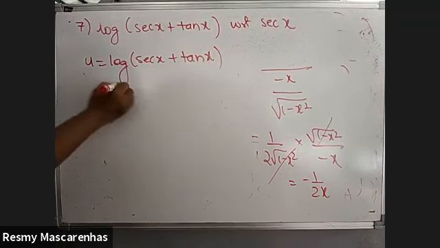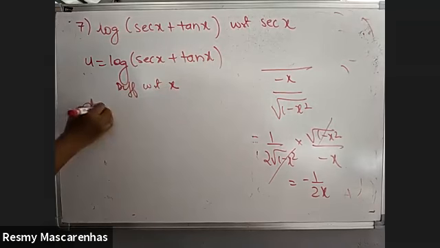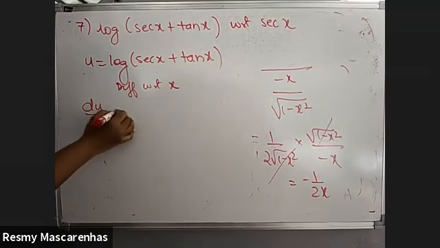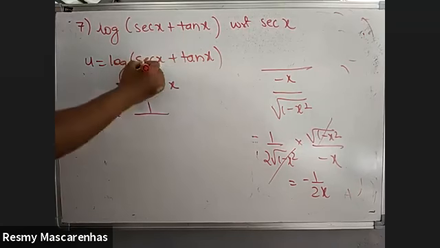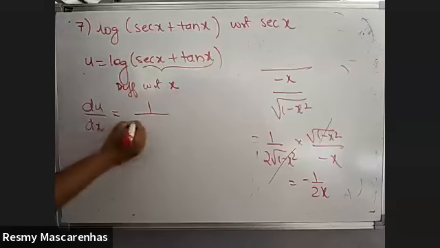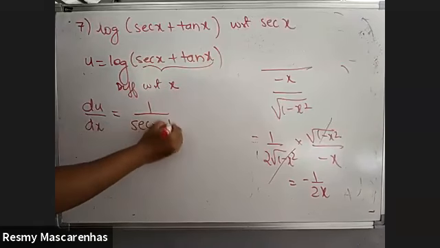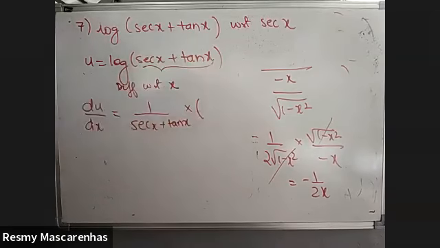Okay. So differentiate with respect to x. So du upon dx will be what? Log of x would be 1 by x. So instead of x, this whole thing is there. So log of that will be 1 upon that full thing into derivative of whatever is there inside the bracket.